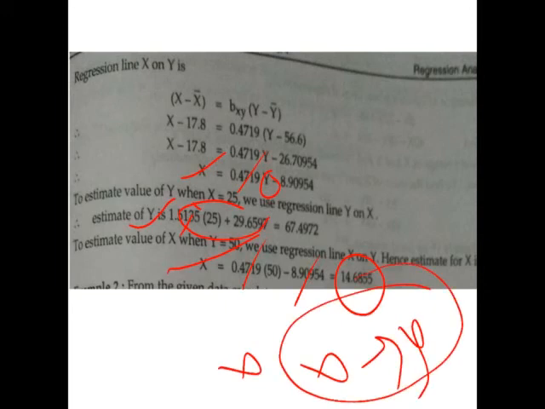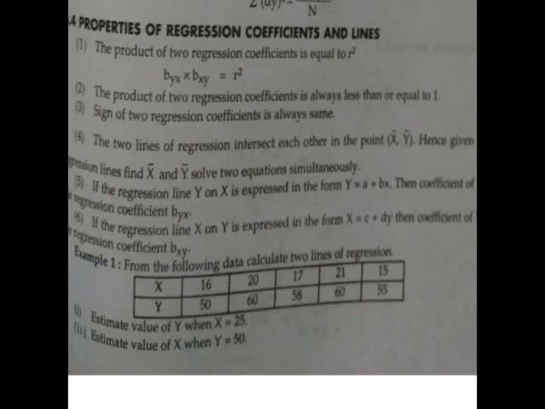So in this way we can calculate the linear regression line x on y as well as y on x. In this way we can estimate the value of x when y is 50 and the value of y when x is 25 using the regression lines y on x and x on y.